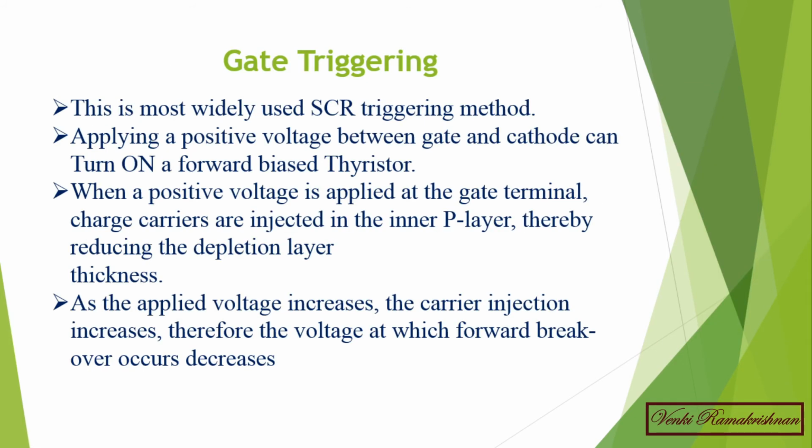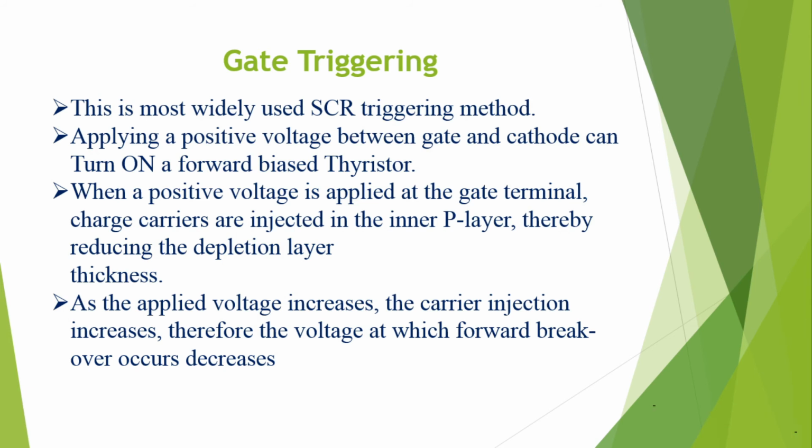The last one, gate triggering. This is the most widely used SCR triggering method. Applying a positive voltage between gate and cathode can turn on a forward biased thyristor.